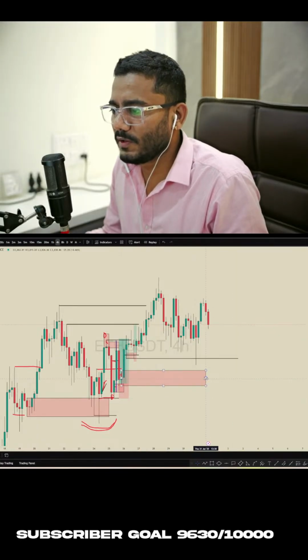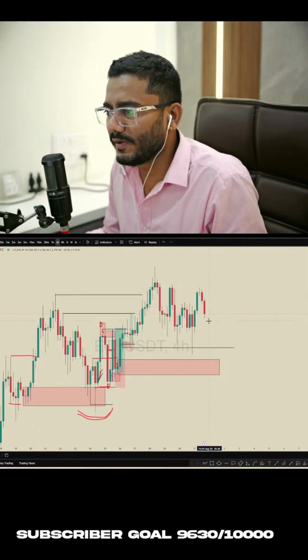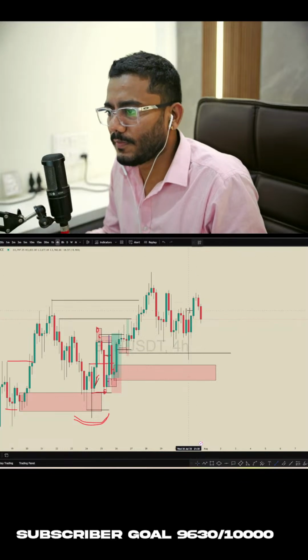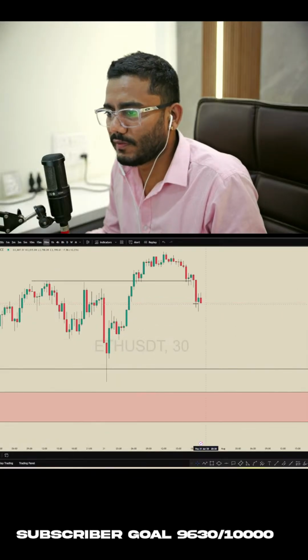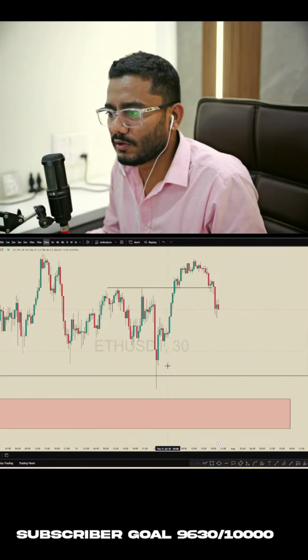We have this POI. This is unmitigated. Here, price broke the structure, like this structure, this candle, which swept out the liquidity. If you go to 30 minutes, we can see there is this order block.